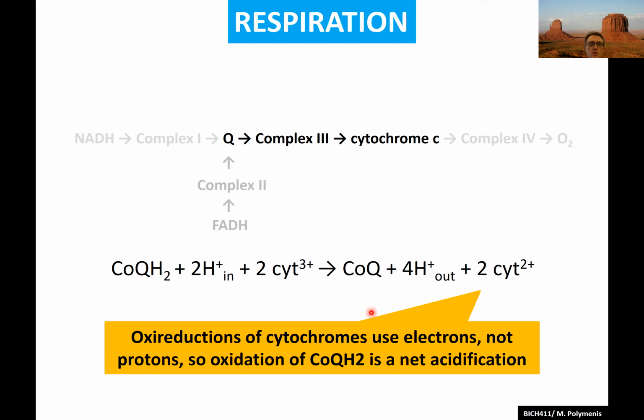The redox reactions of cytochromes use just straight up electrons, not protons. So oxidation of coenzyme Q, the ubiquinol form of coenzyme Q, is a net acidification here.